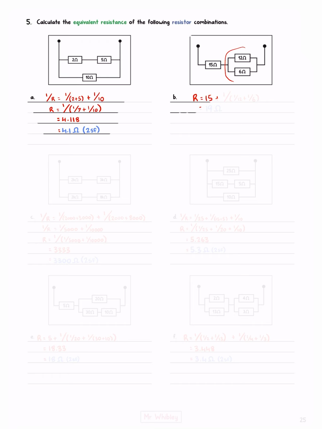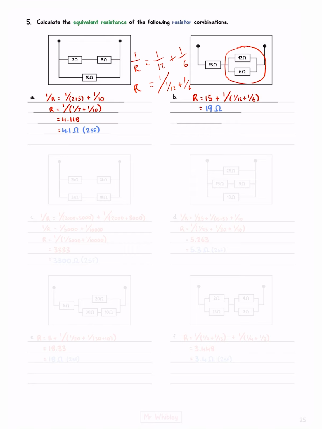The total resistance of this branch can be given by 1 over the total resistance is 1 over 12 plus 1 over 6. Solving that for our R, we take the inverse of both sides, which gives us 1 over 12 plus 1 over 6, which we have here. That gives us 19 ohms.